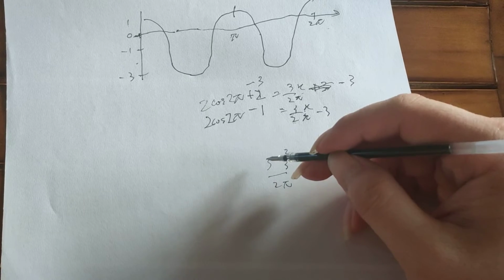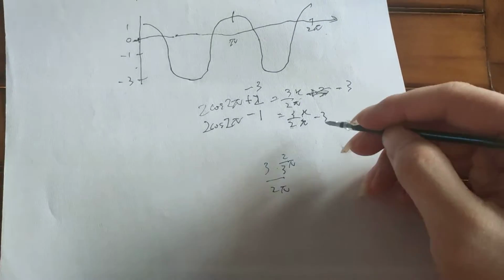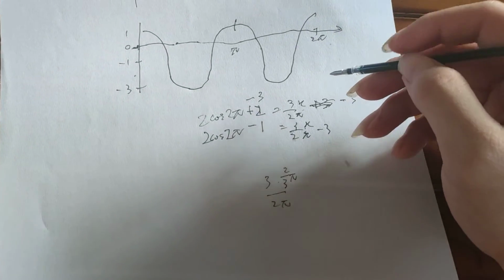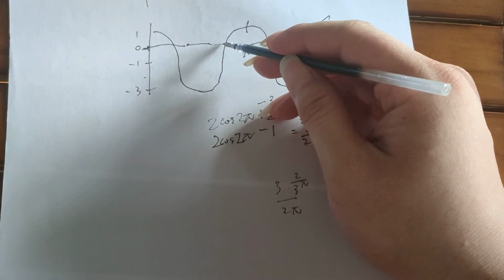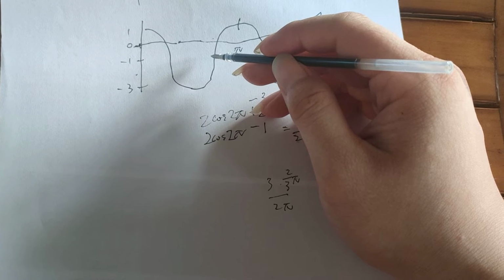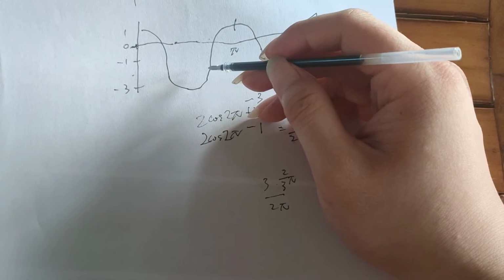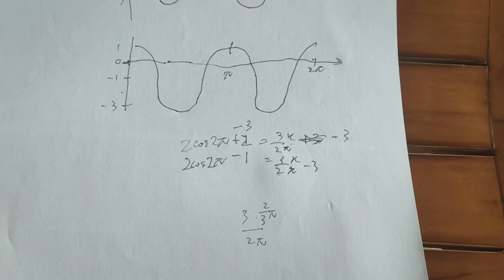Pi and pi, nothing. 3 and 3, nothing. 2 and 2, nothing. Is 1. So when it is 2/3 of a pi, 2/3 of pi is where? It means like around 1 point, around the 0.5 of the degree.